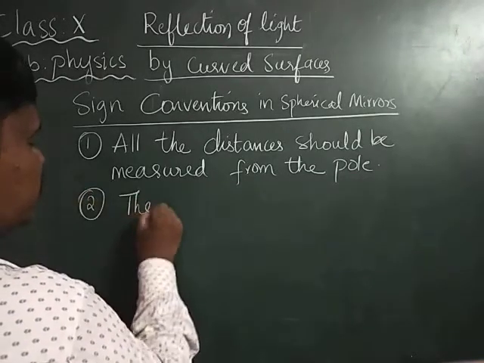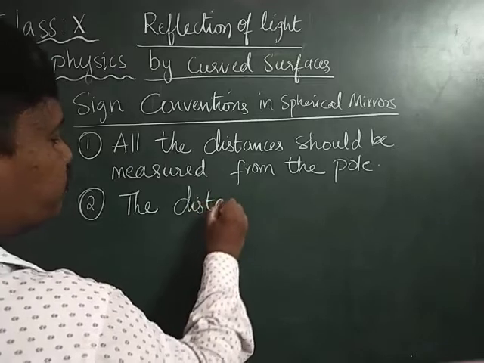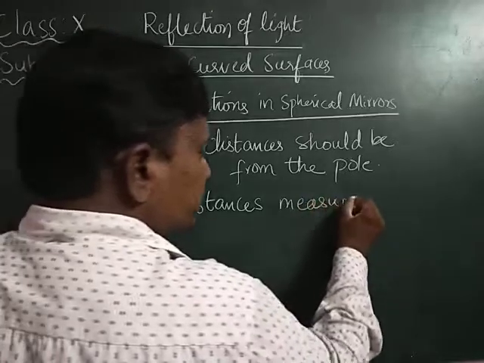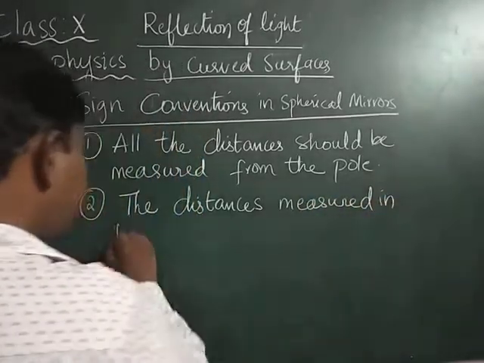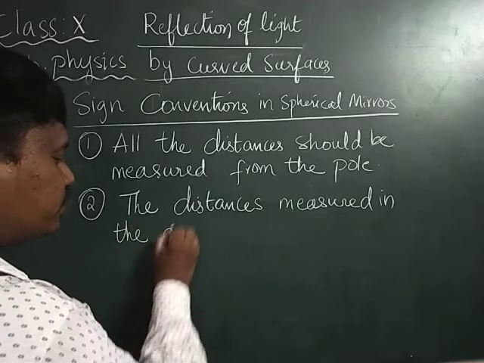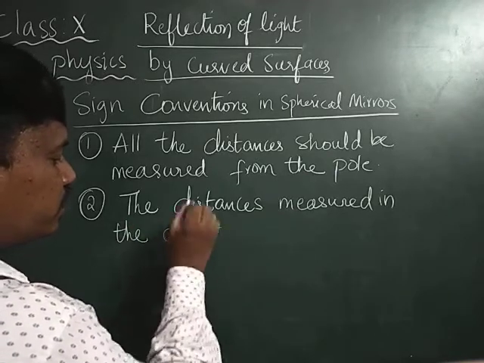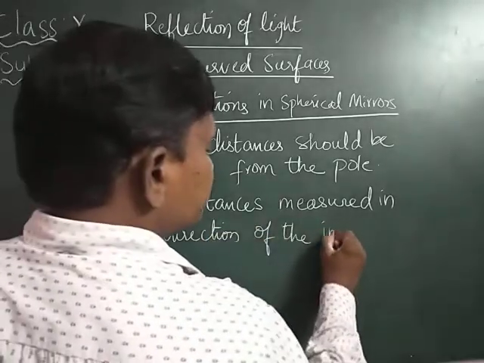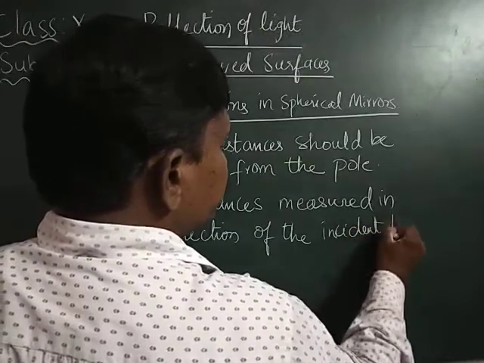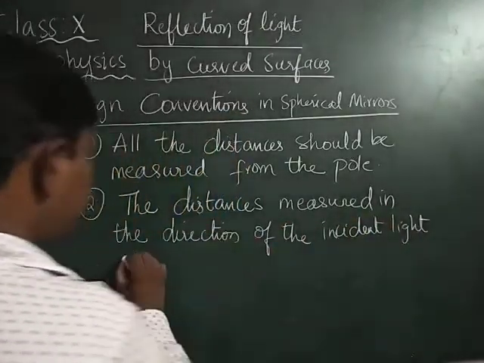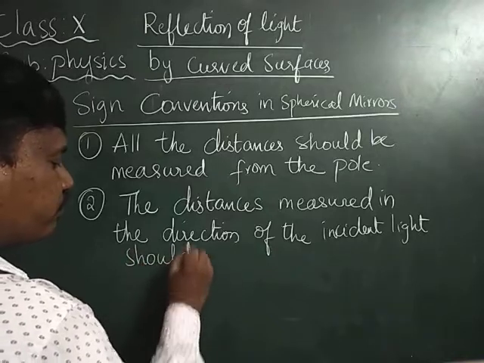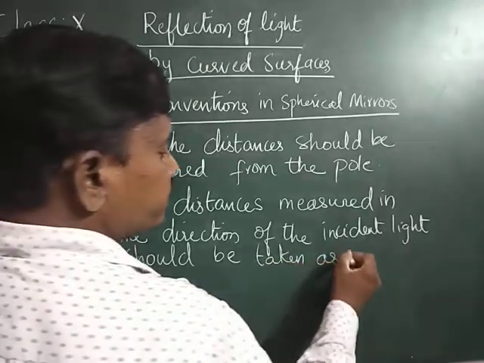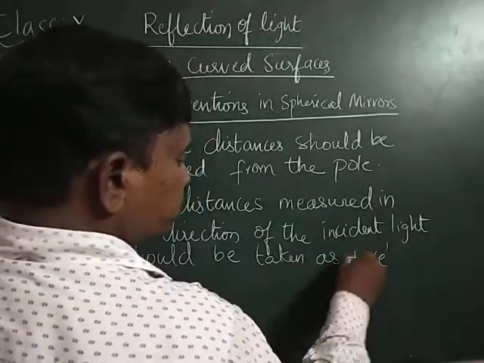The second one is that the distances measured in the direction of the incident light should be taken as positive, and the distances measured opposite to the direction of the incident light should be taken as negative.